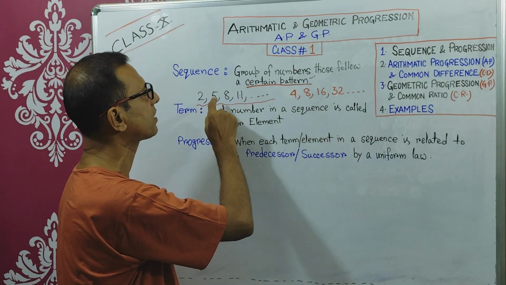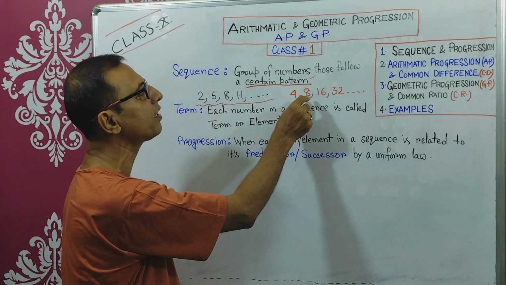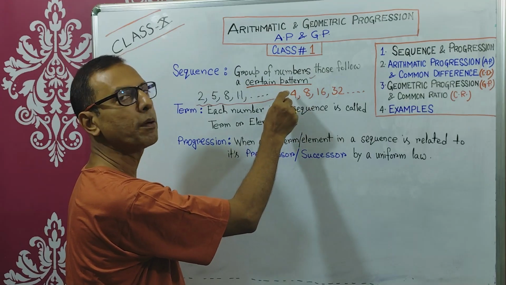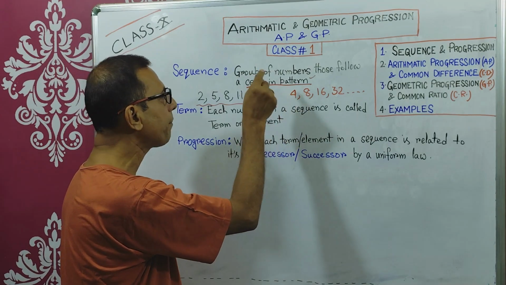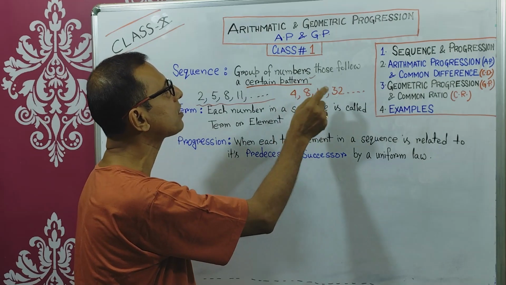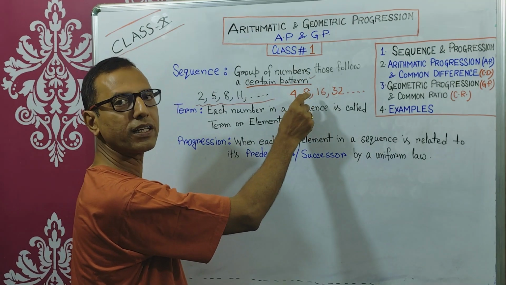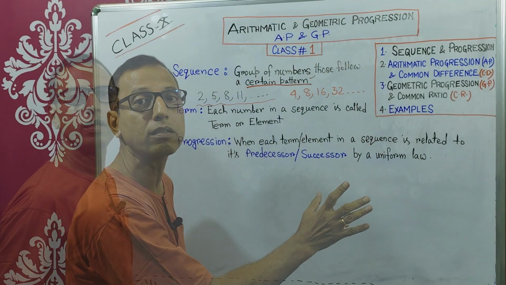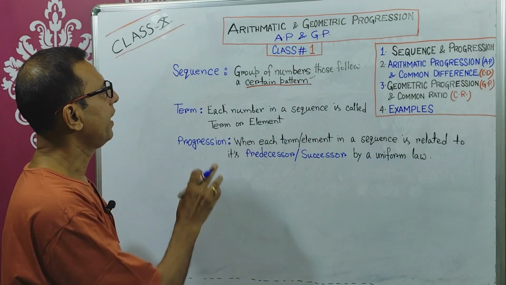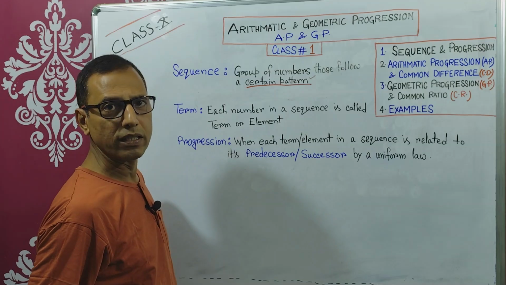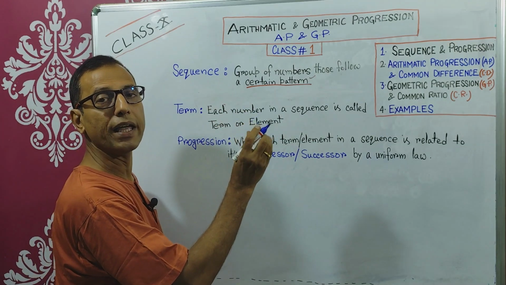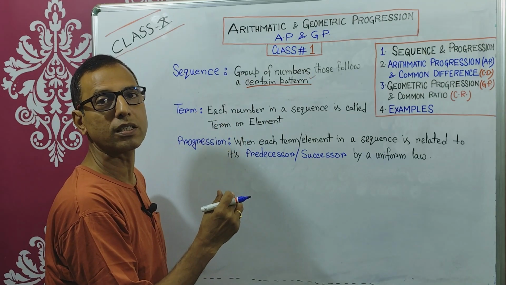I gave you this example where you can see the relation between the element of that sequence and its predecessor. But now I am giving you another example where there is no relation directly between any term and its predecessor, but in a different way there is a pattern. Let's say there is a sequence where there is no direct relationship between any element and its predecessor or successor.